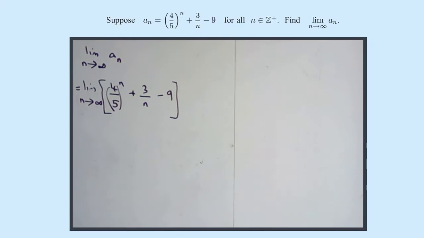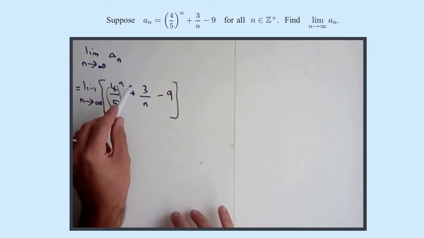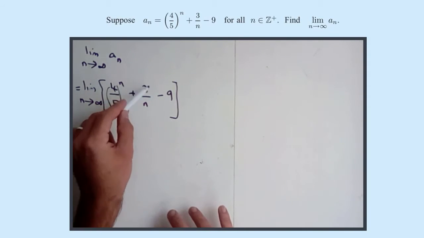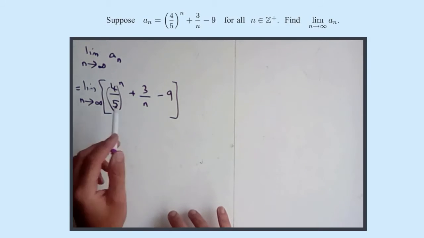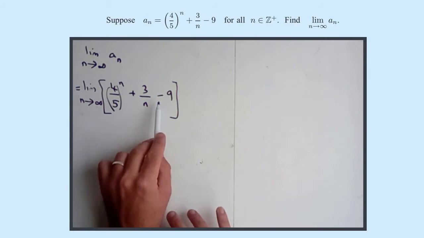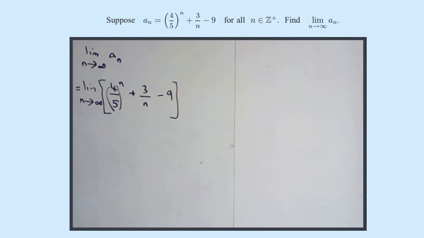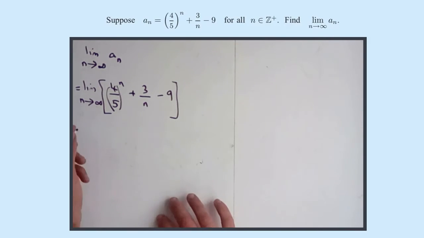And also we can pull factors out. So this one is 3 times the limit as n approaches infinity of 1/n. This one is minus the limit as n approaches infinity of 9. It's not necessarily that important for the last one, but I'm still going to do it.